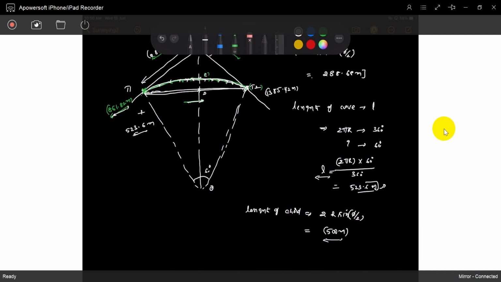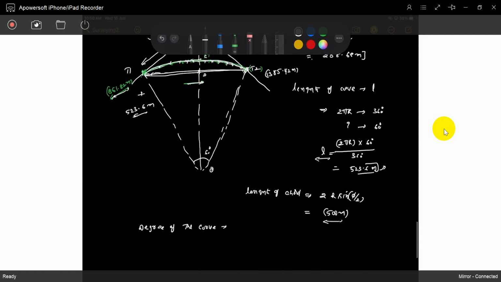Next, the degree of the curve. The degree of the curve is also useful for fixing these points later. We will take it as a 30 meter chain. For 30 meters, how much angle?